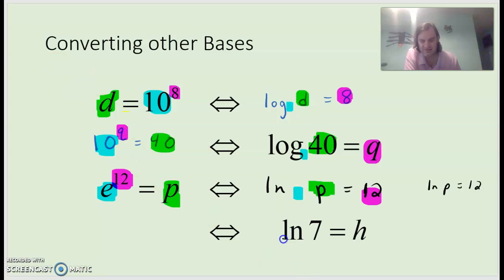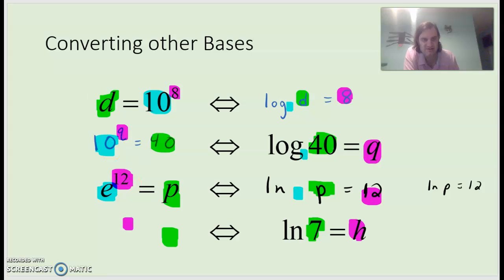And the last example here, we're starting with a log form and we're going to an exponential. It says natural log of 7 equals h. So the argument here is 7. The exponent is the h. Ooh, I wrote that backwards, didn't I? No, I didn't.